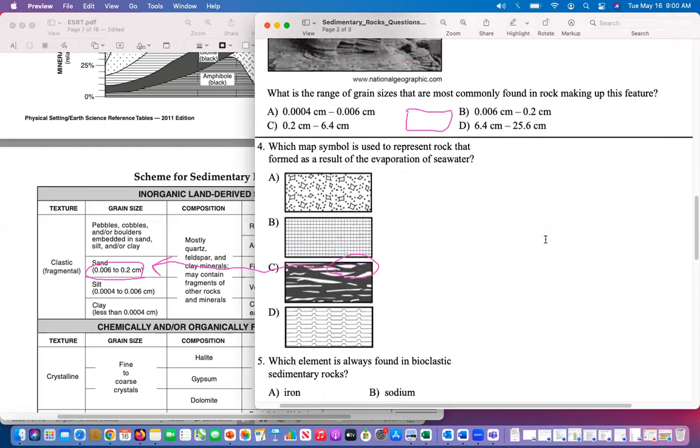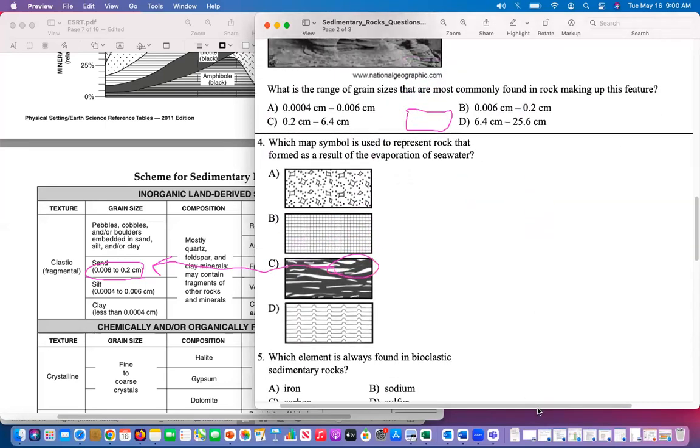Let's look at number 4, all right? Which map symbol is used to represent rock that formed as a result of the evaporation of seawater? There is only one type of rock that is formed from the evaporation of seawater. It's a sedimentary rock, and it is called crystalline.